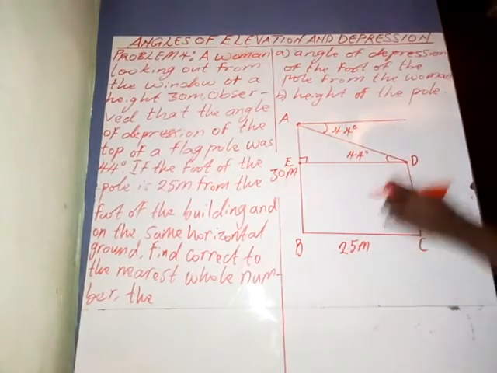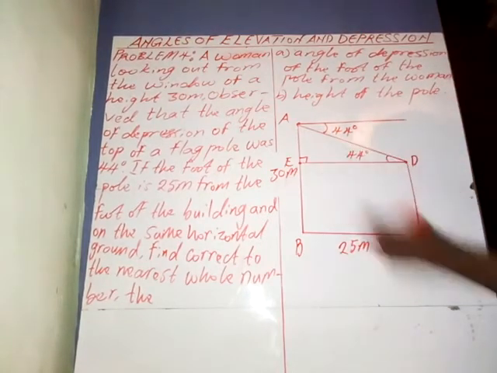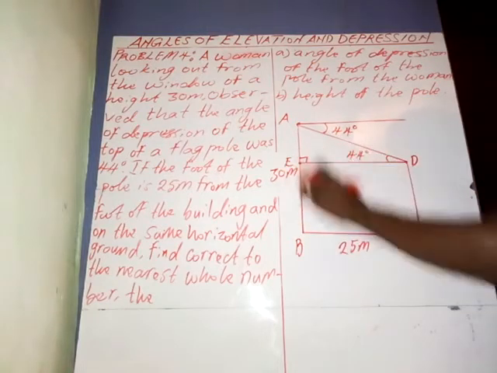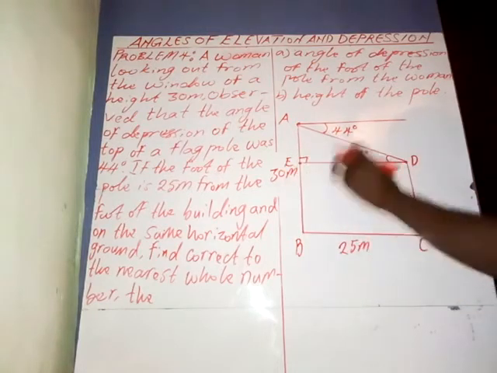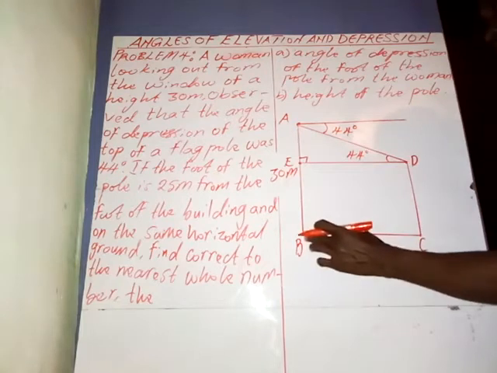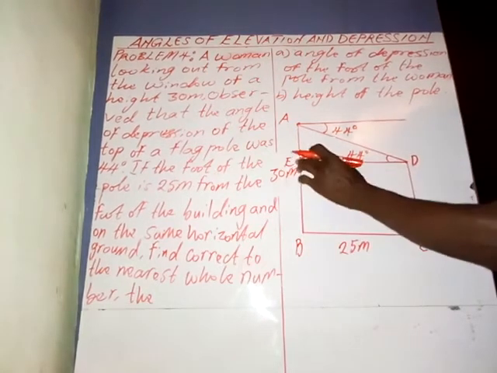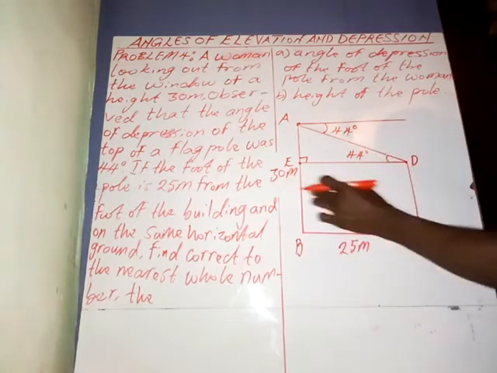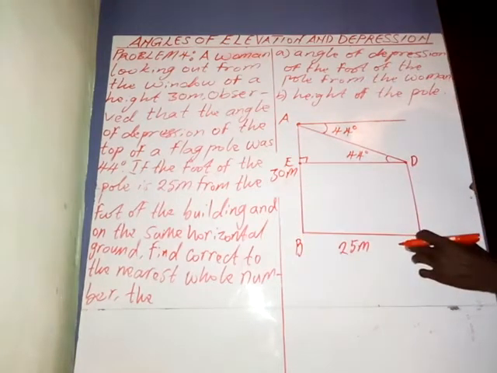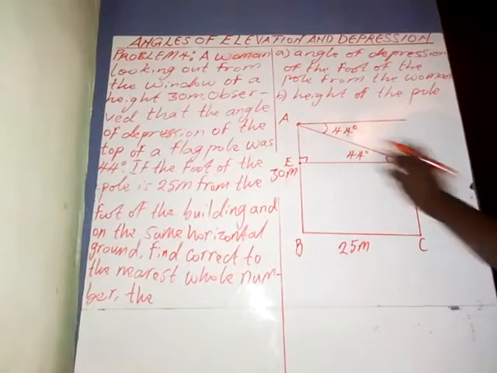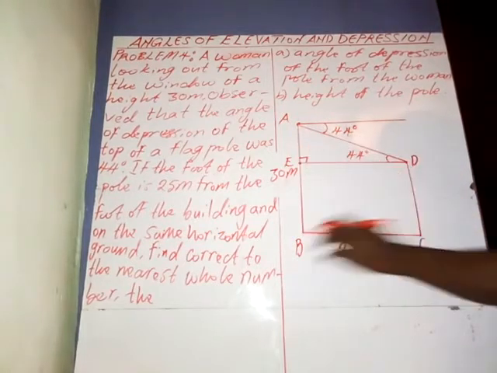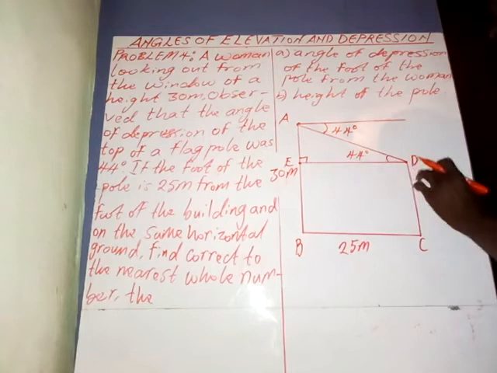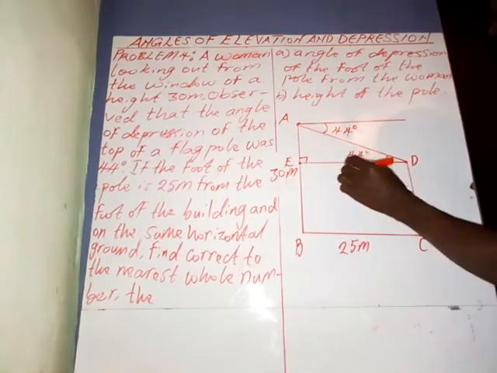If you look at this shape here, BCDE is a rectangle. So BC is the same as DE, or DE is equal to BC. So the distance DE from here to here is also 25 meters.